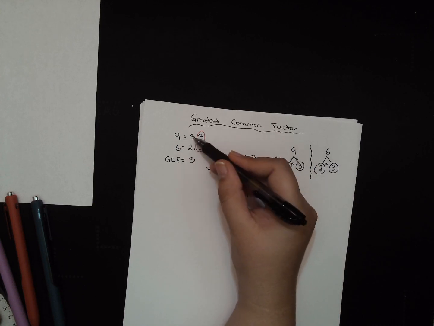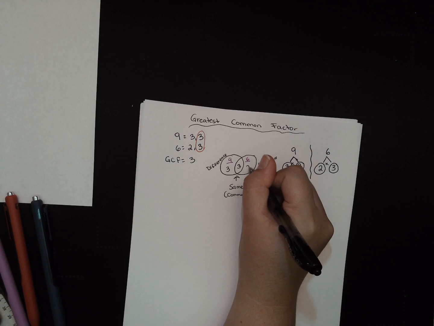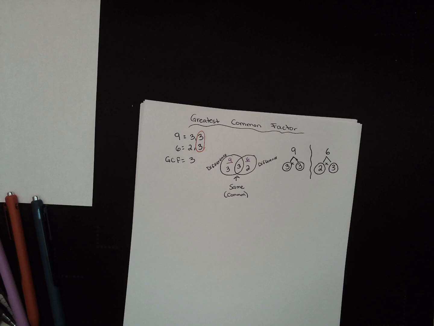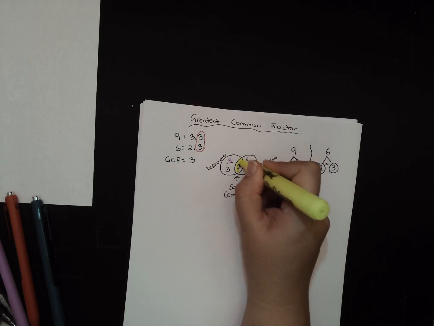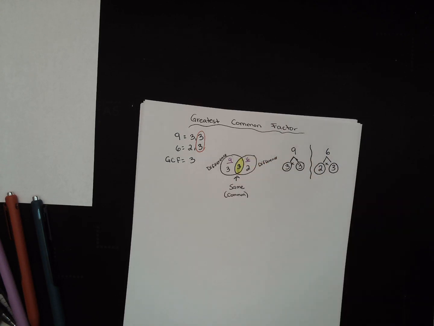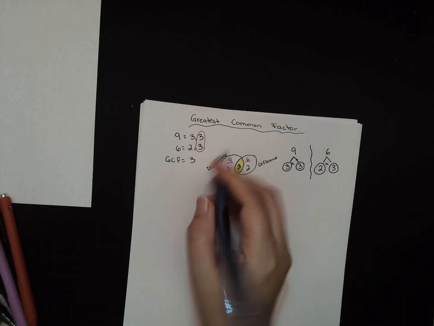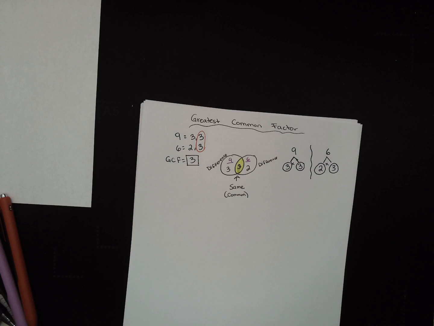So for 9 I have 3, and for 6 I have 2. So all you need to do to find the greatest common factor is look at what is inside here, and that is your answer. So for this one, again, your greatest common factor is 3.